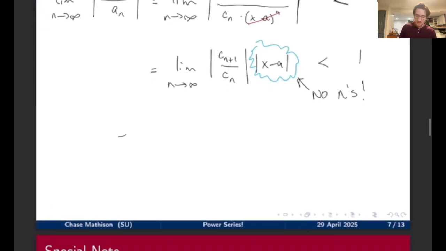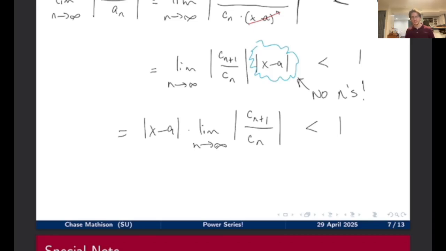So this looks like the absolute value of x minus a times the limit as n approaches infinity of the absolute value of c_{n+1} over c_n. And we still want this to be less than 1. If this is true, then the power series will converge for x. Right now I'm thinking of x as being fixed and thinking about what the ratio test tells me for a specific x.